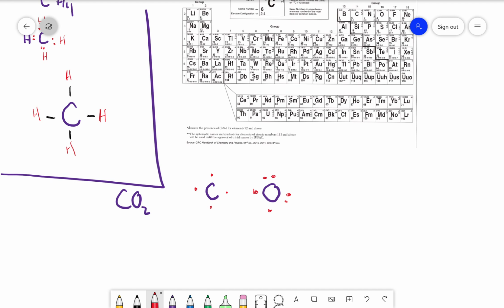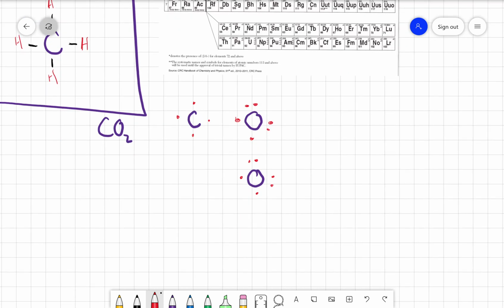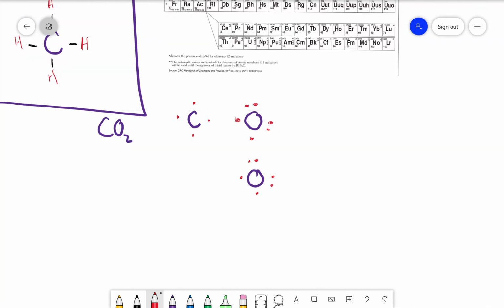So how are we going to bond this so that everything has its 8 valence electrons? We have 2 oxygens and 1 carbon. But what we can do is move one of these electrons right here to this side.